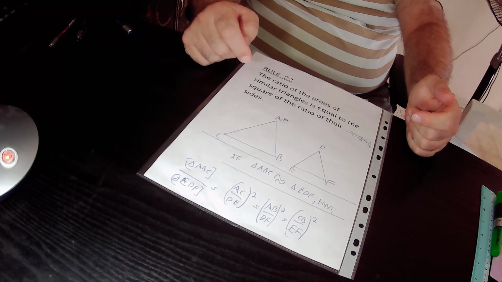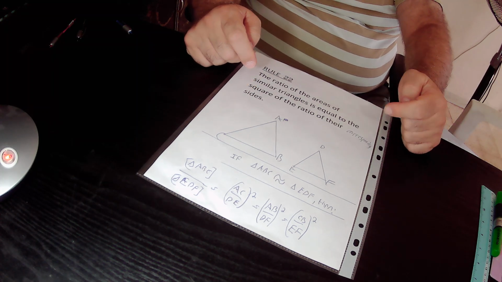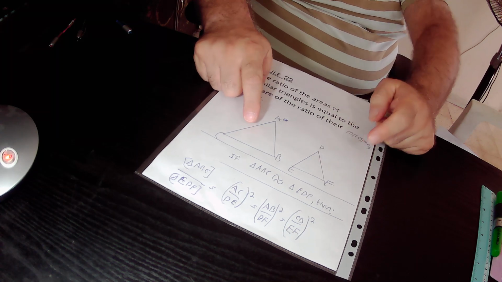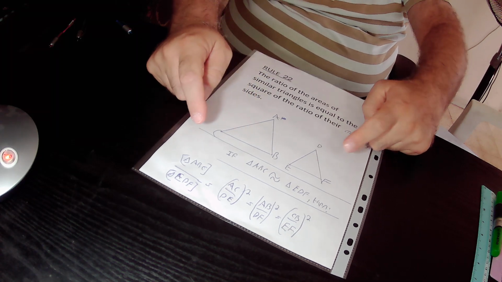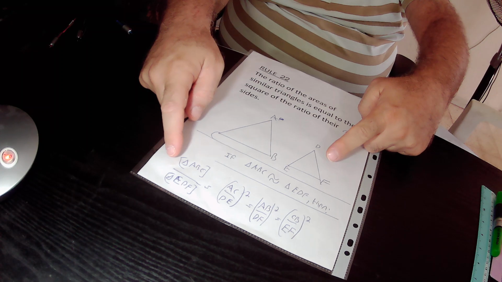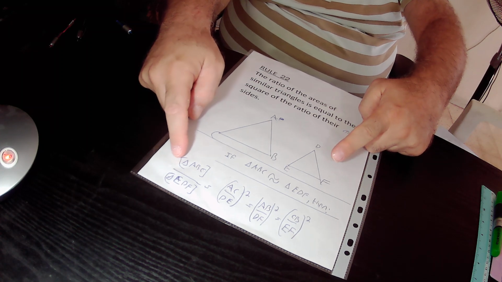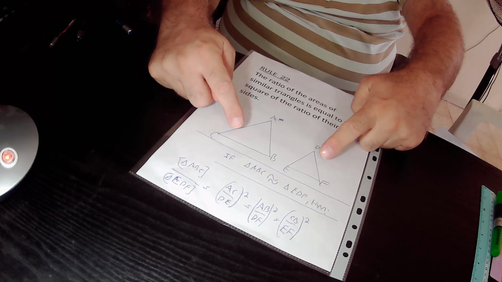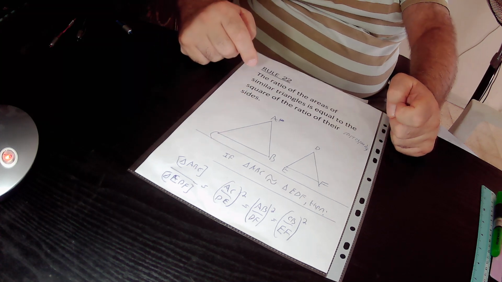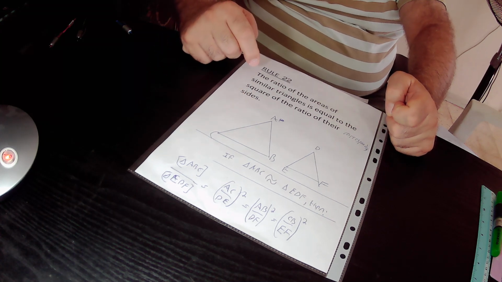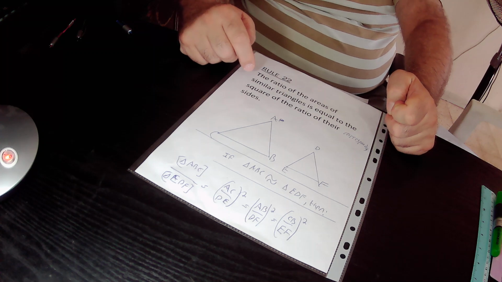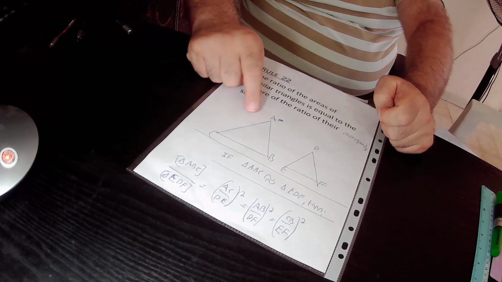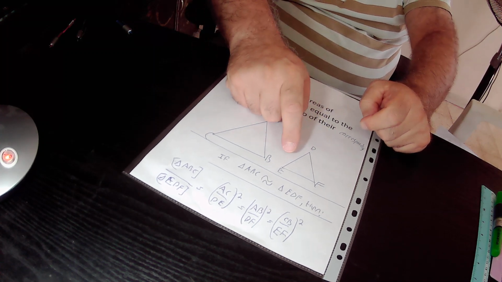And according to Rule 22, the ratio between the areas of those two triangles is the area of triangle ABC over the area of triangle DEF. That ratio is equal to the square of the ratio of their corresponding sides. Side AC is the corresponding side of side DE.